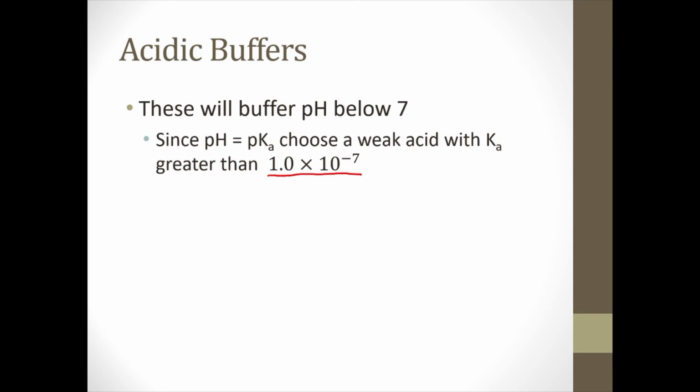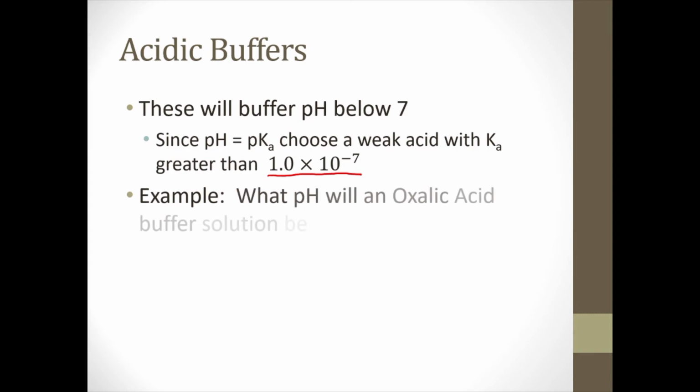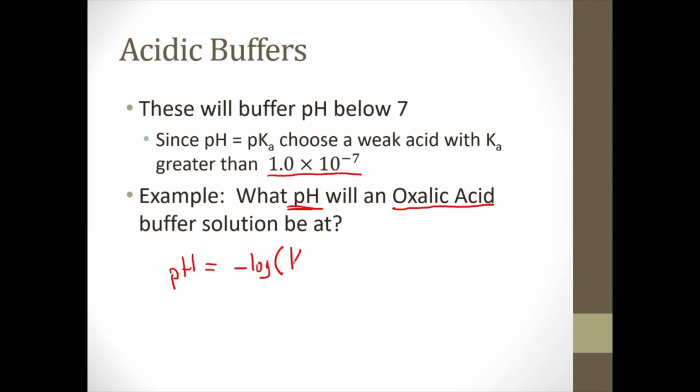So the Ka of a weak acid will actually determine the pH at which that acid will create a buffer solution. So if you create a buffer solution with oxalic acid and its conjugate weak base, the pH it buffers at will be equivalent to the negative log of its Ka. It's really interesting.